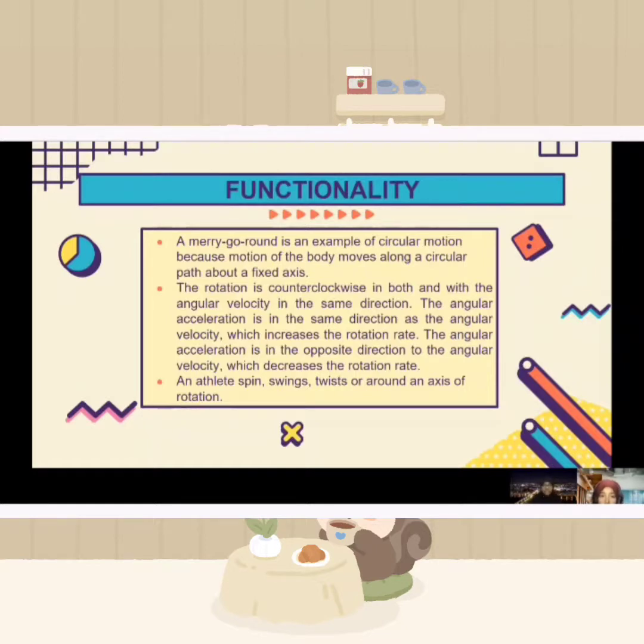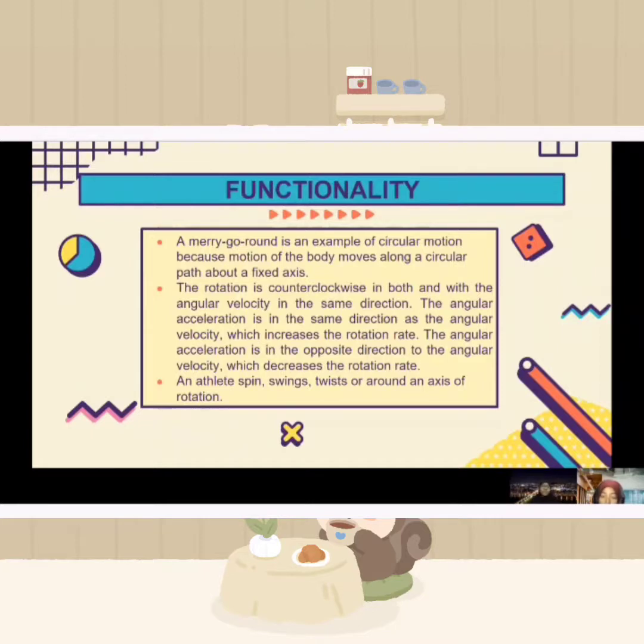When the angular acceleration is in the same direction as the angular velocity, the rotation rate increases. When the angular acceleration is in the opposite direction to the angular velocity, the rotation rate decreases. Gymnasts and athletes spin, swing and twist around an axis of rotation.